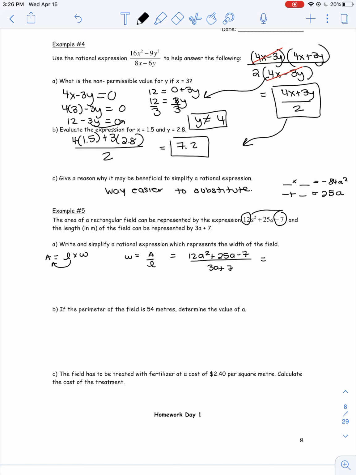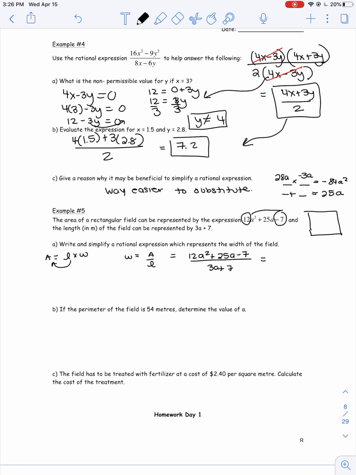Okay, so the numbers would be positive 28a and then negative 3a. So those are the two numbers that would work. They would multiply to negative 84a squared, and they would add to positive 25a.